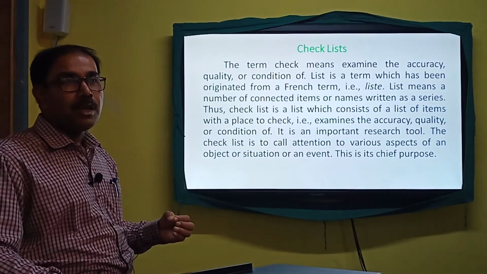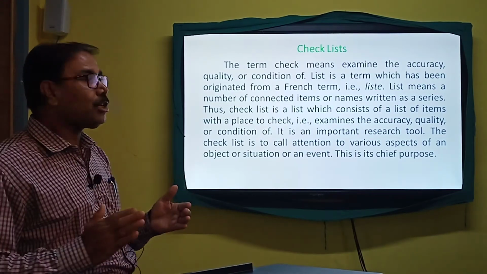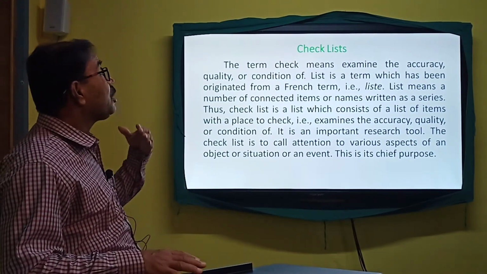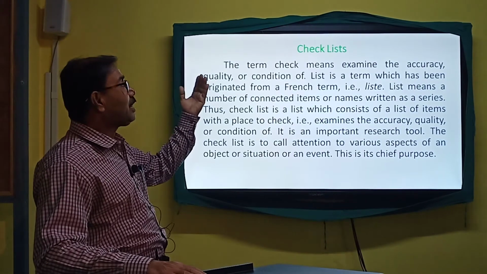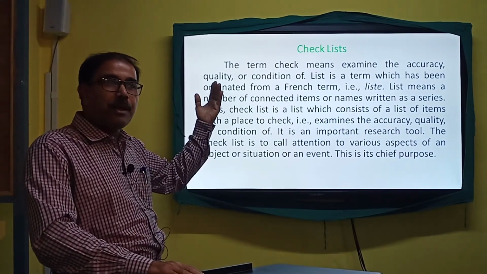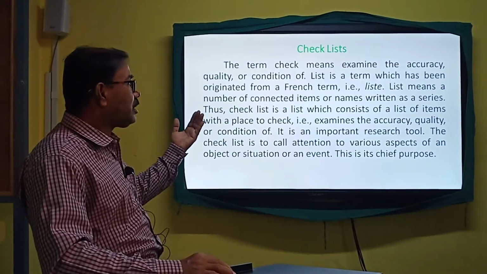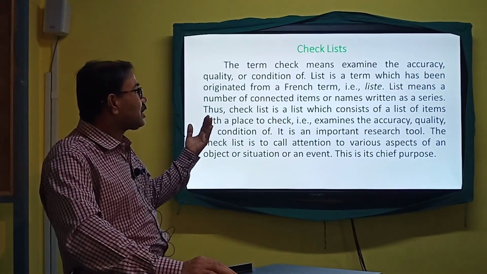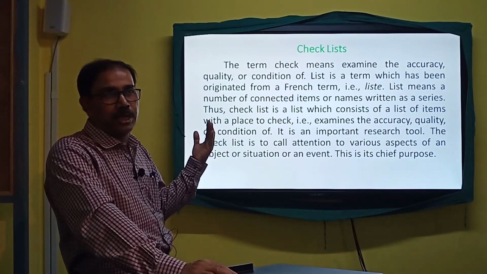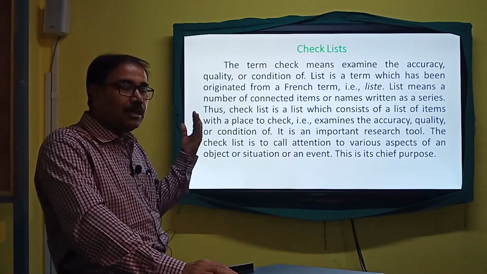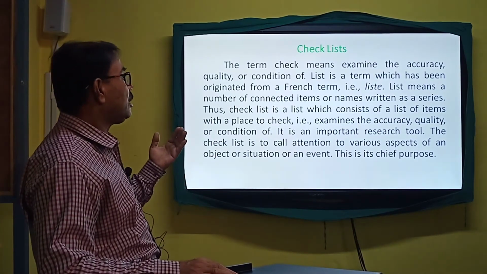So friends, for the collection of research data, we can depend on the checklist, which we are to prepare considering the speciality of our research problem by studying or analyzing the available research literature.